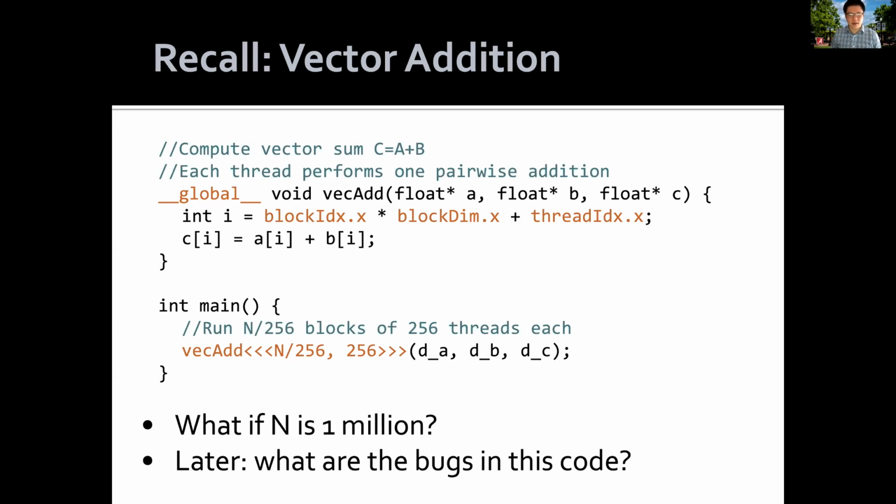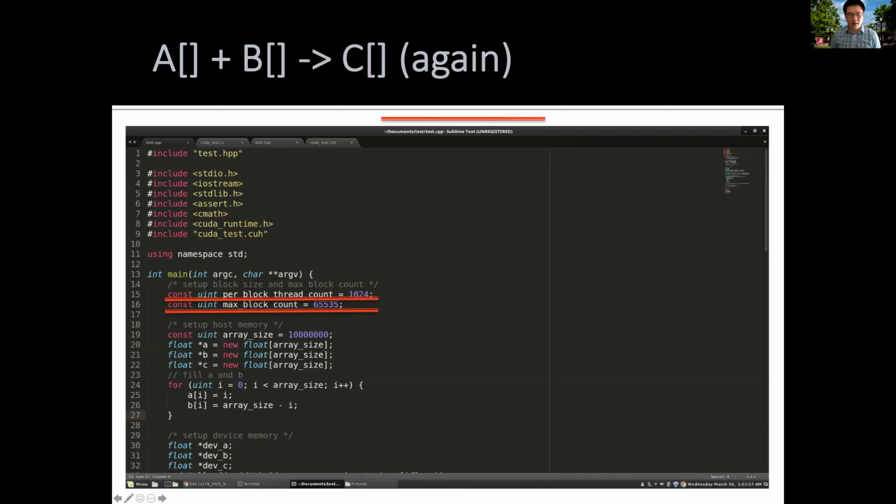So this is a problem you would introduce to your kernel. If you only write the kernel this way, we need to handle some extreme cases, right? So first, we need to put in the maximum block count, meaning how many thread blocks per grid, right? So we have the maximum number, and the number of threads per block is 1024.